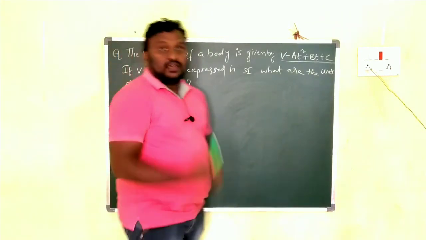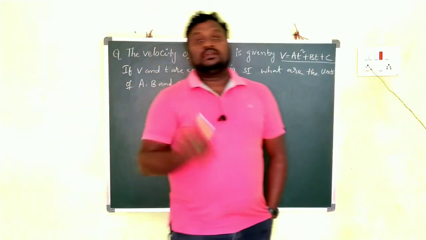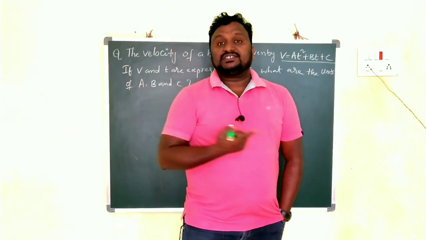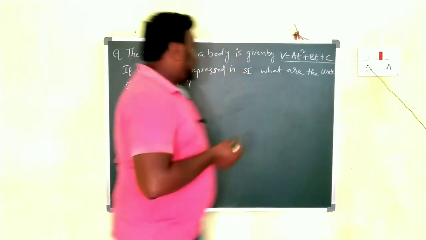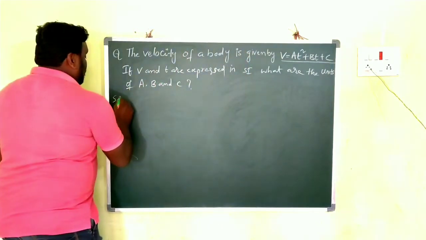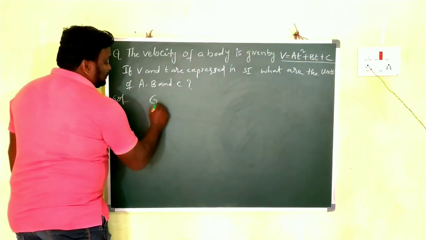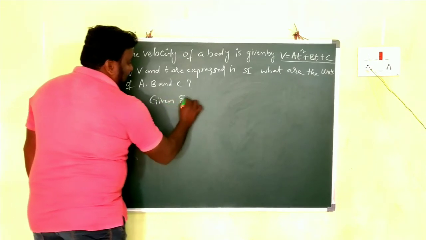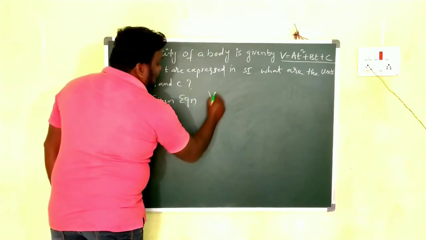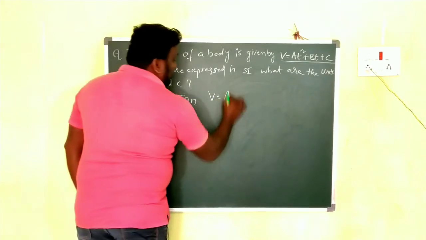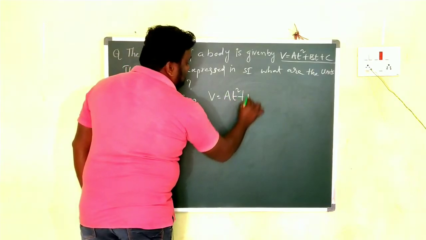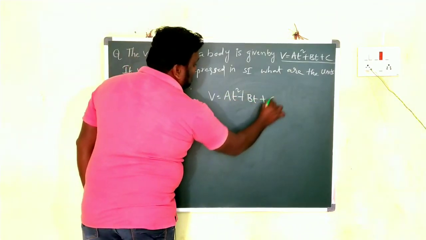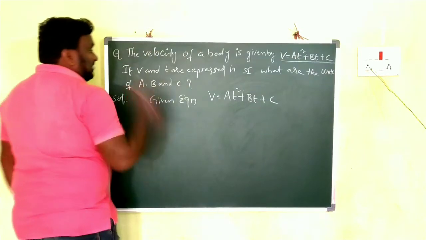Children, in the given problem, one equation is given that expresses the velocity. So what is the given equation? v = at² + bt + c. That's the given equation.